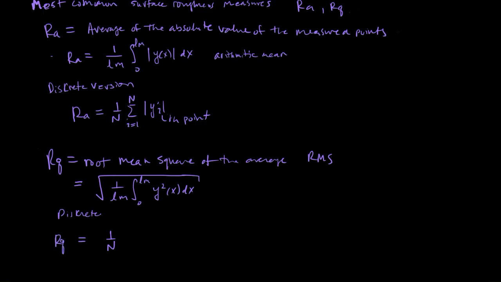This is our RQ. It's the square root of 1 over n times the sum from i equals 1 to n of yi squared. Okay.